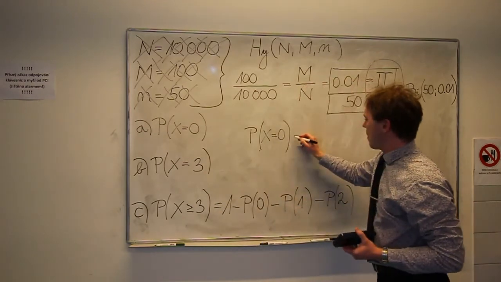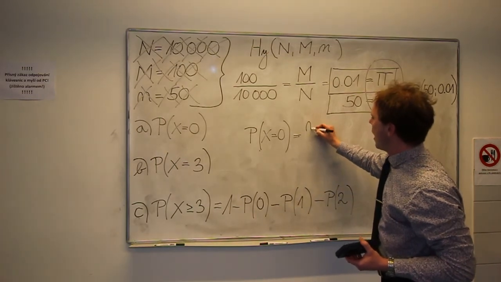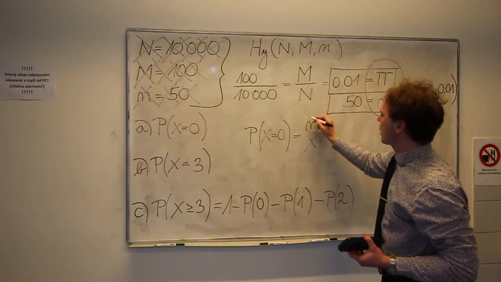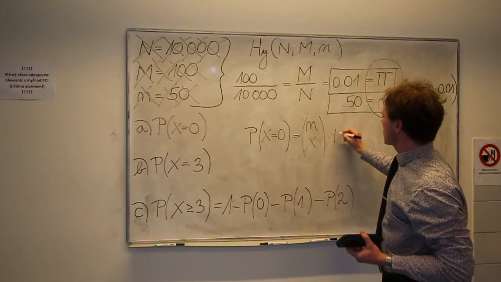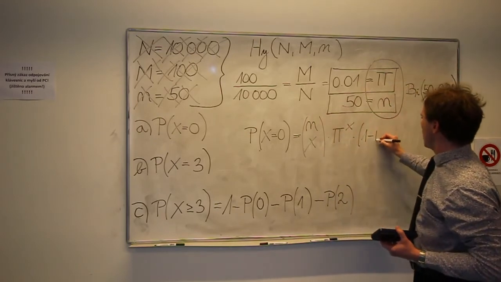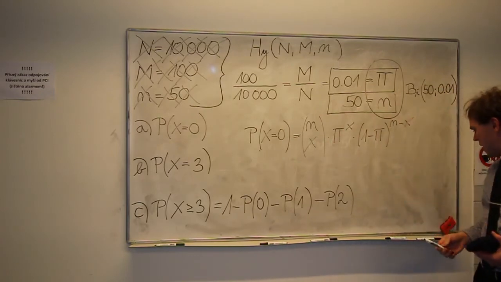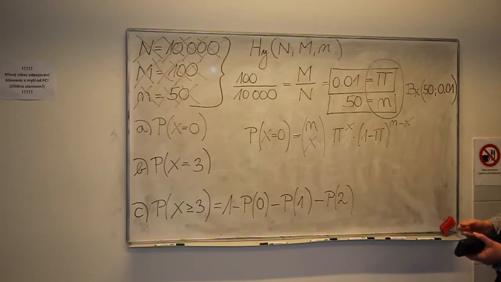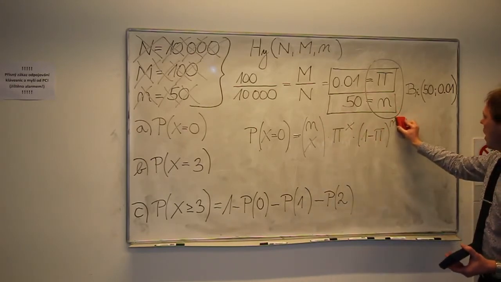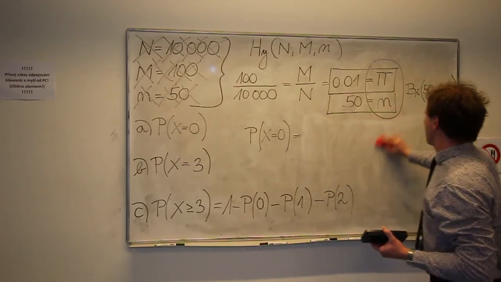Do you remember the probability function? n above x times p powered by x times 1 minus p powered by n minus x. This is the probability function, and instead of these values, I will use directly our parameters.